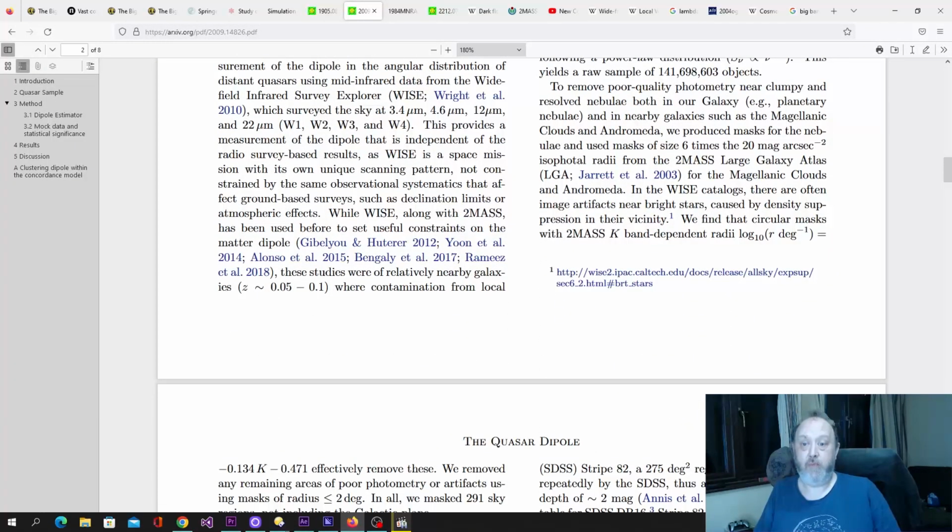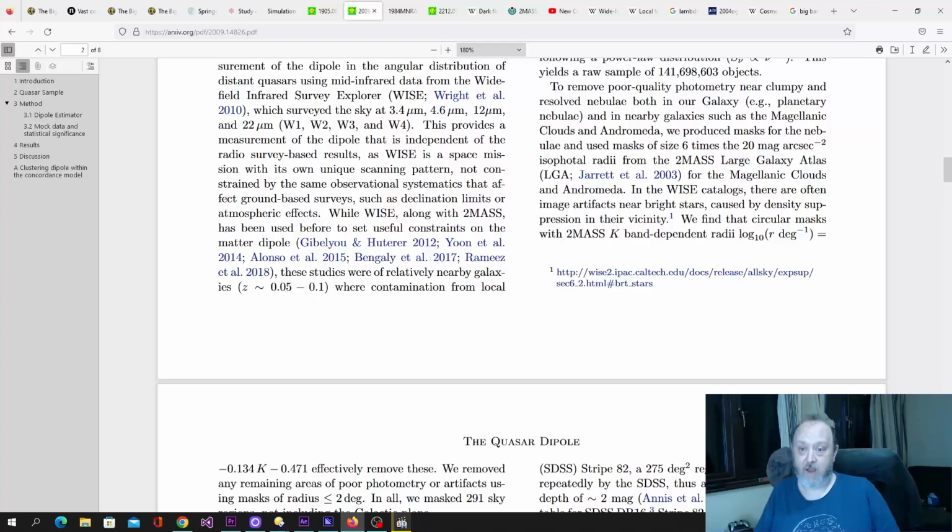To remove poor quality photometry near clumpy and resolved nebulae, both in our galaxy, e.g. planetary nebulae, and in nearby galaxies such as the Magellanic Clouds and Andromeda, we produced masks for the nebulae and used masks of size 6 times a given radius, so a certain area of the sky.